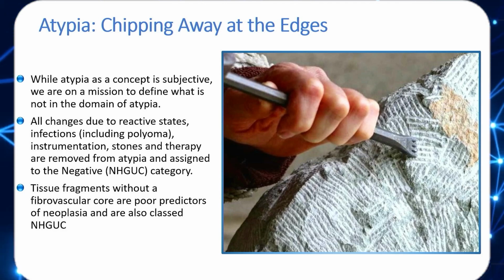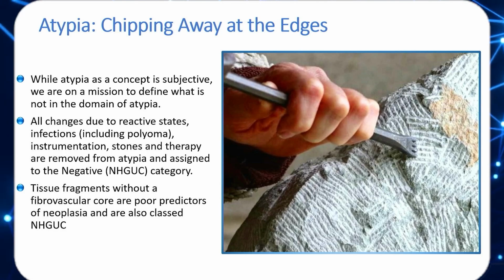We really need to exclude all the conditions that I have mentioned before as part of the atypical calls and render them more in the negative categorization, such as polyoma, stones, or therapy effect, and even tissue fragments which are noted in voided urine.